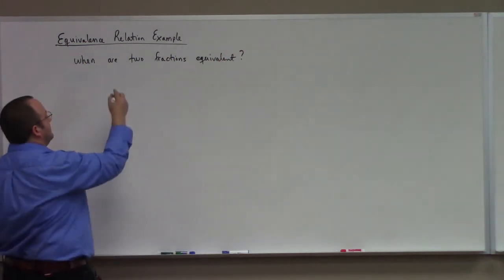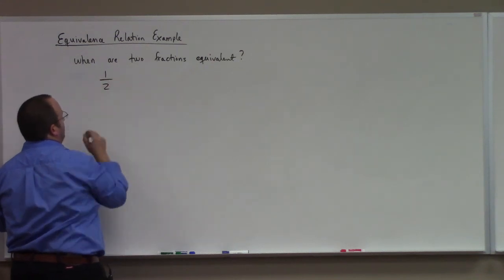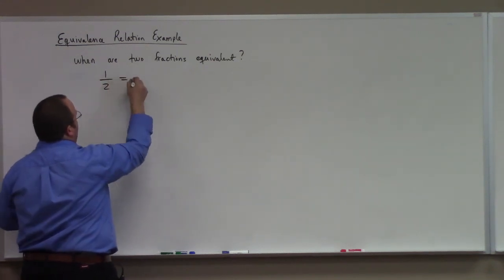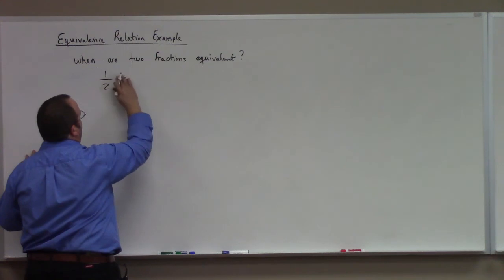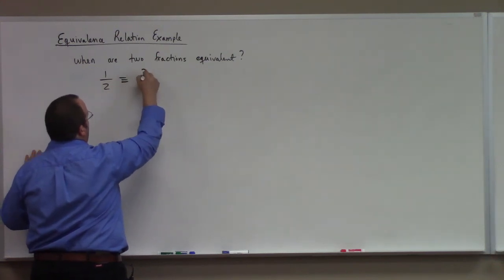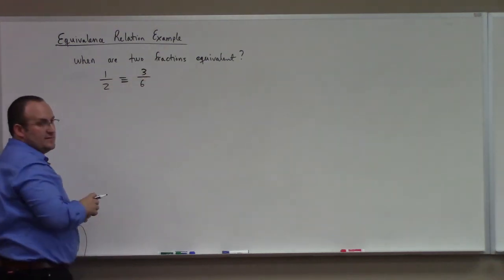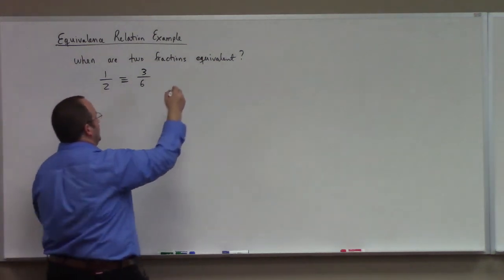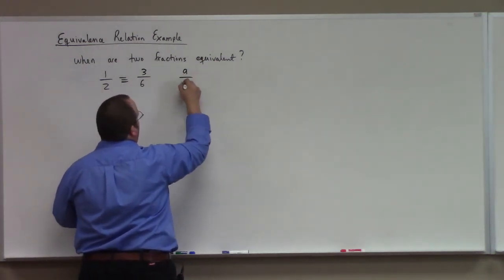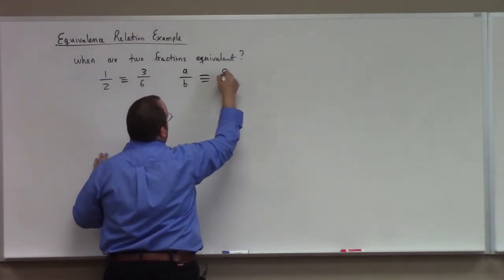I mean, like when one is the reduced form of the other. So is 1/2 equivalent to 3/6? Or just say more generically, when is A over B equivalent to C over D?